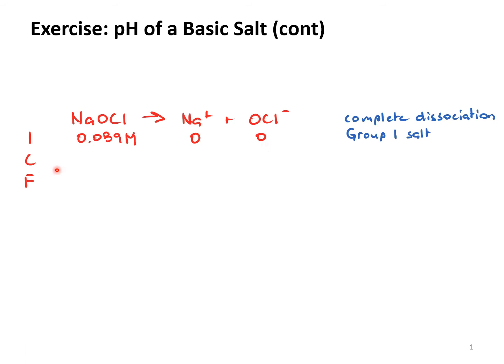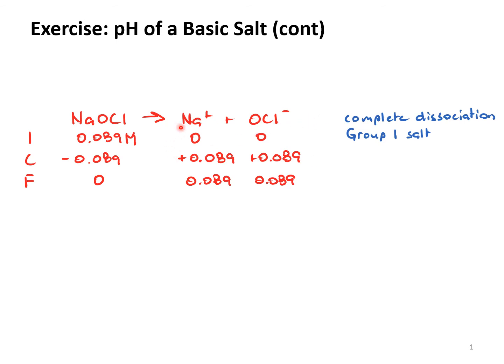Since the reaction goes to completion, we have a change of negative 0.089 molar for sodium hypochlorite and positive 0.089 molar for sodium and for hypochlorite, respectively. Adding up the columns gives a final concentration of 0 for sodium hypochlorite, 0.089 for sodium plus 1, and 0.089 for hypochlorite.